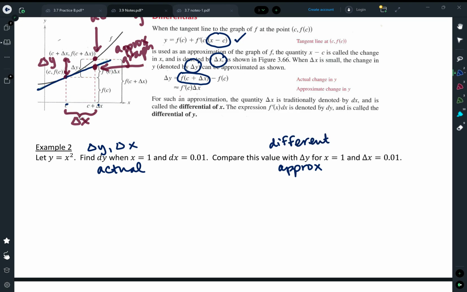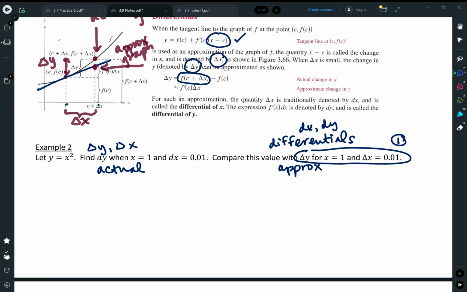The differentials are our dx and our dy. So if I wanted to find what's really going on here, I have this graph, y equals x squared, and I have a value of x equals 1. But then I want to know what's going on a little bit beyond that, at 0.01. So this is the part that I'm actually doing first.